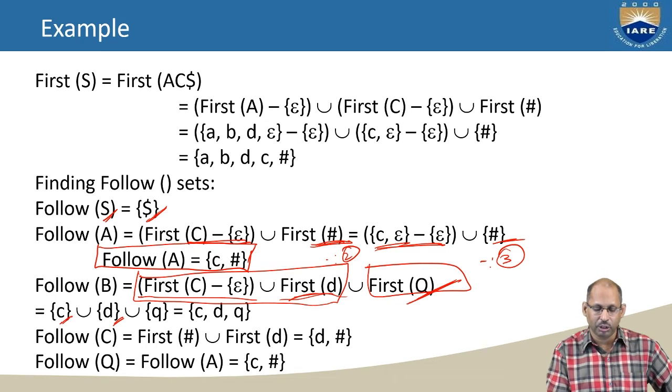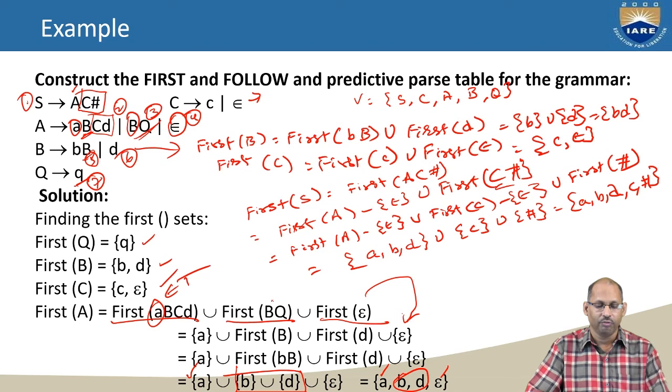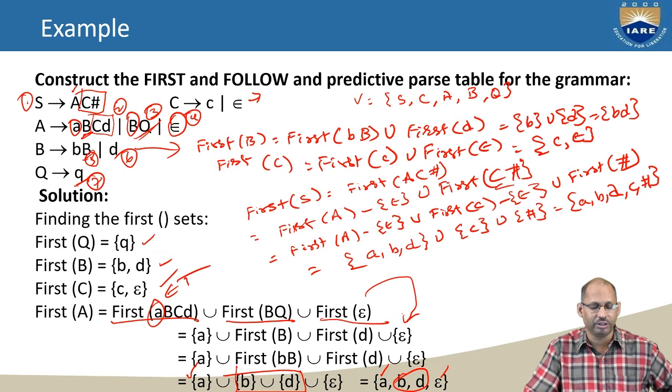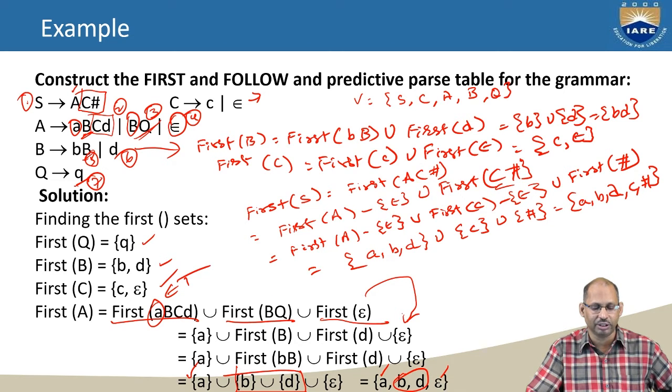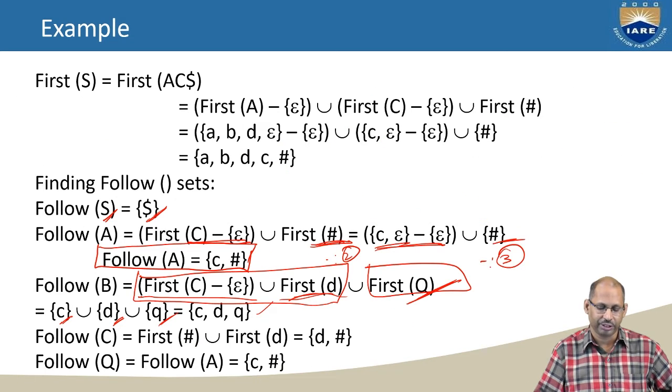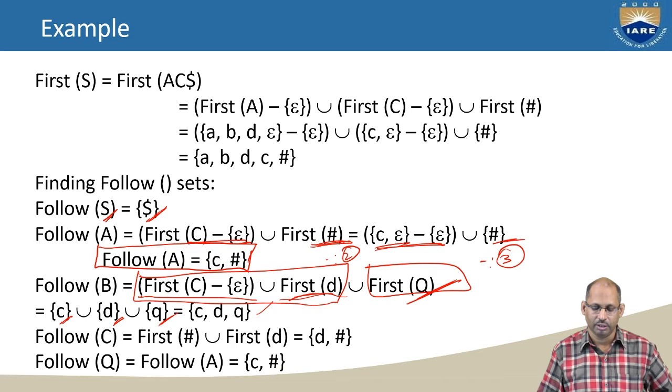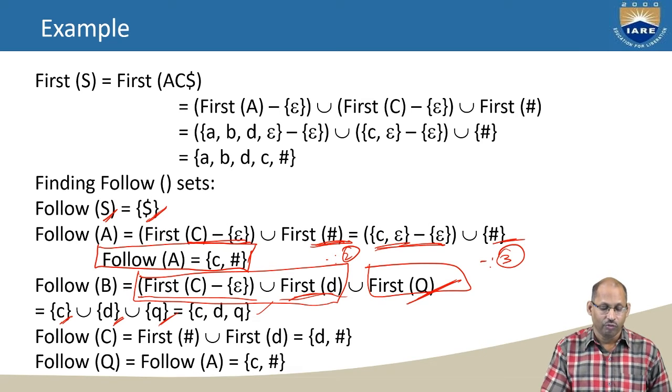From the third production, it is Q. So finally C, D, Q, from the second and third productions, which results in this one, C D Q. Then follow of C.